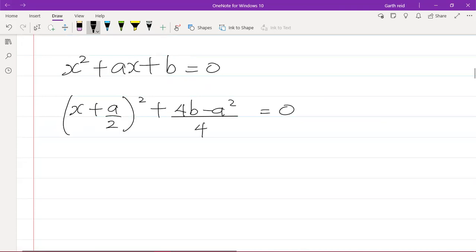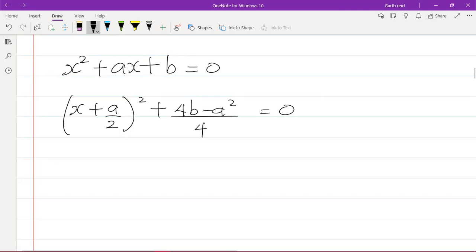Good. Now I'm going to solve for the value of x, all right? And the first thing I'm going to do is I want to get rid of this 4 here in the denominator. So I'm going to multiply each term on the left-hand side by 4, and I'm also going to multiply the right-hand side of the equation by 4.